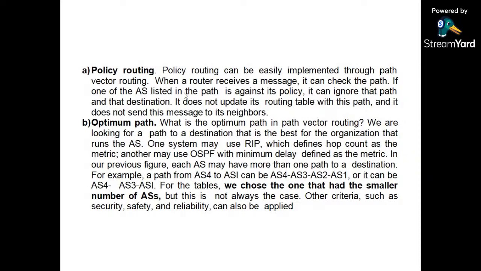When a router receives a message, it can check the path of the autonomous system. So what is the optimal path in path vector routing? We are looking for a path to the destination.